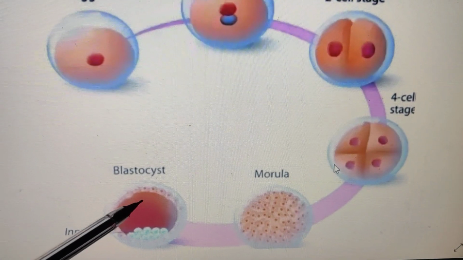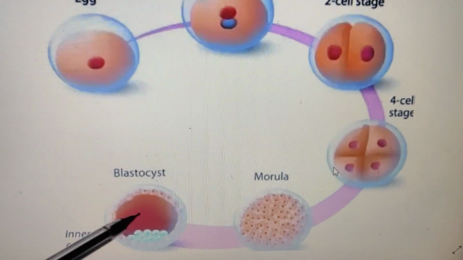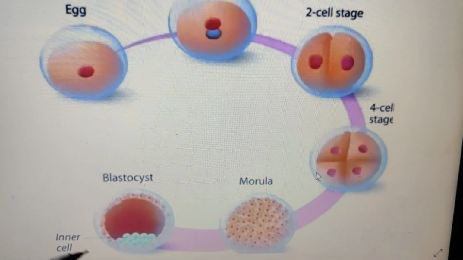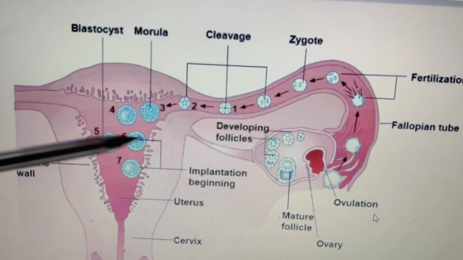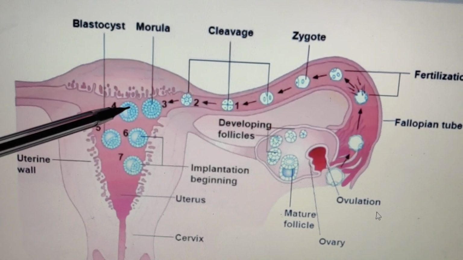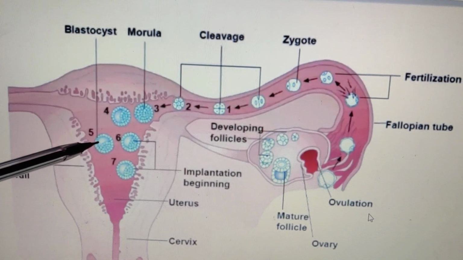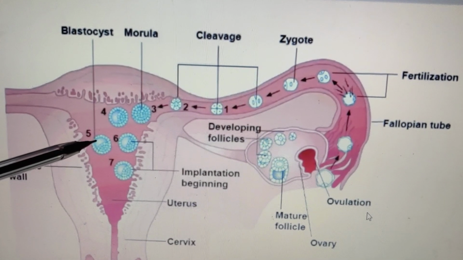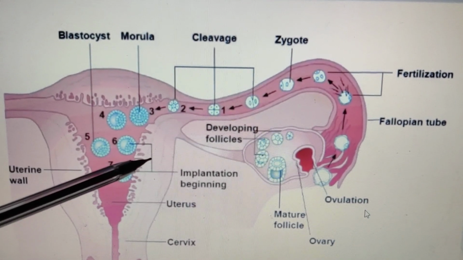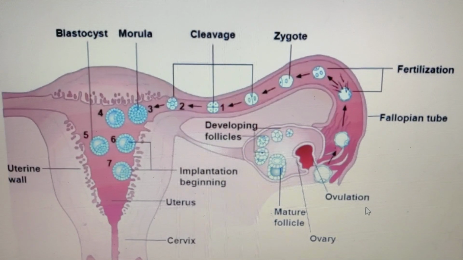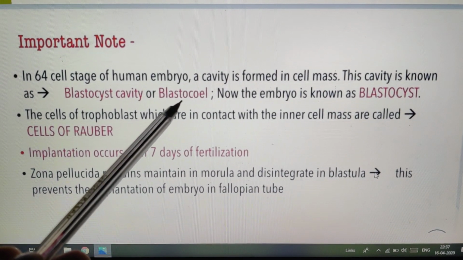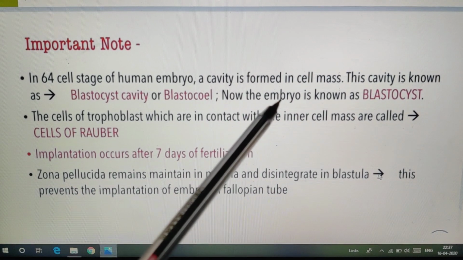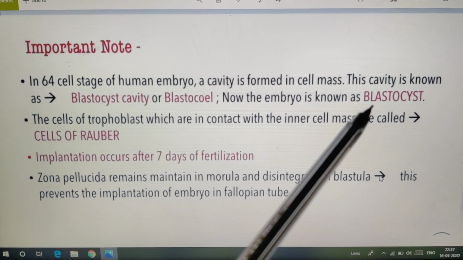This cavity is termed the blastocoel, and this stage is termed the blastula. So after the morula, this is the blastula and the cavity is the blastocoel. Now implantation starts. The embryo is now termed a blastocyst or blastula.